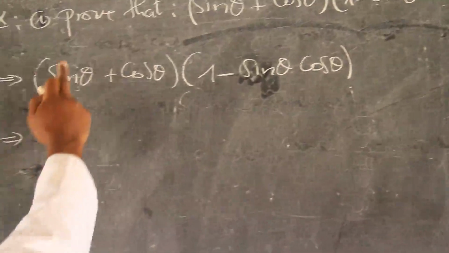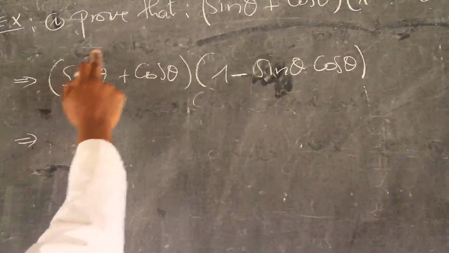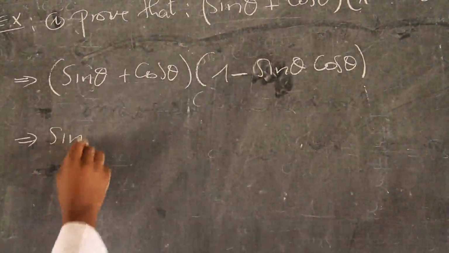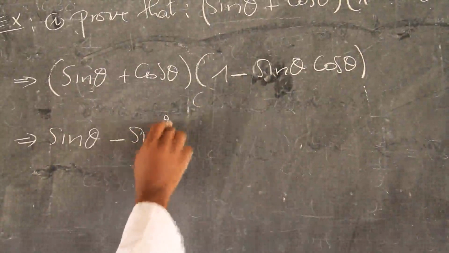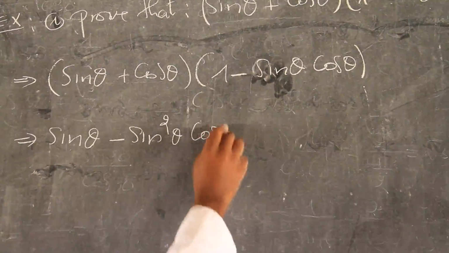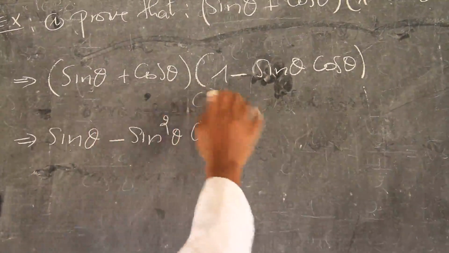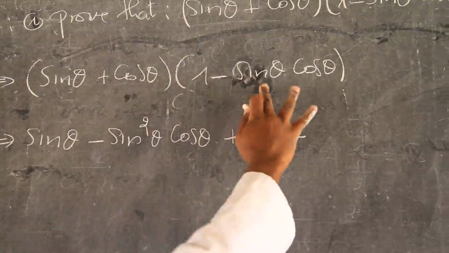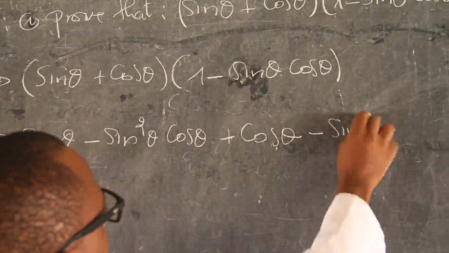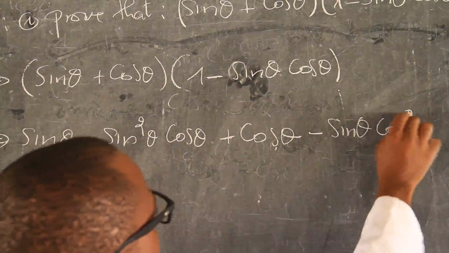I can make the product. Sine times 1 is sine. Sine times this is sine squared cosine. Cos times 1 is cos. Cos times this will be sine cosine squared.